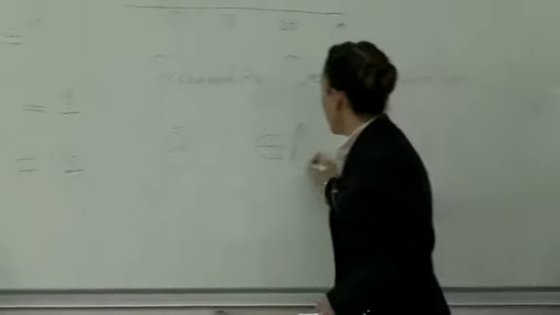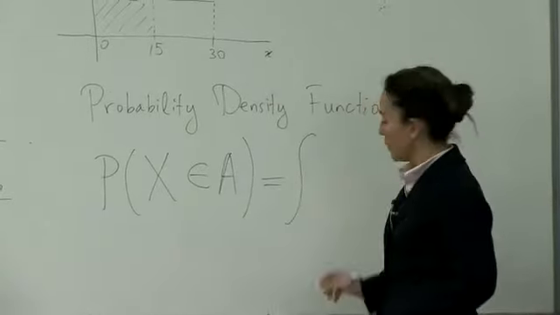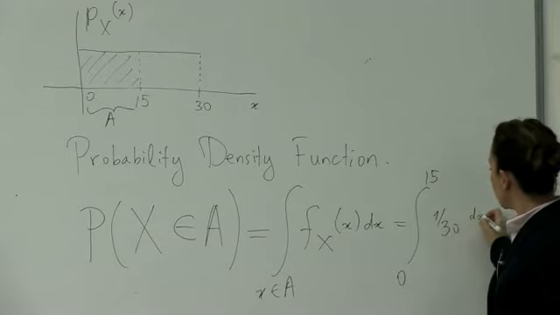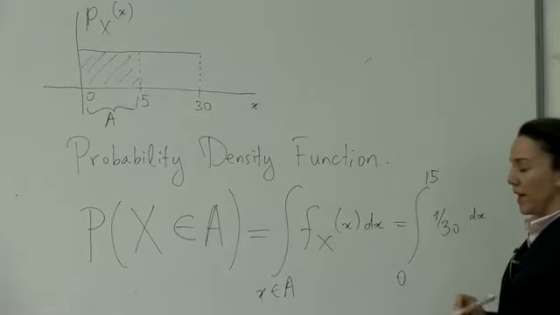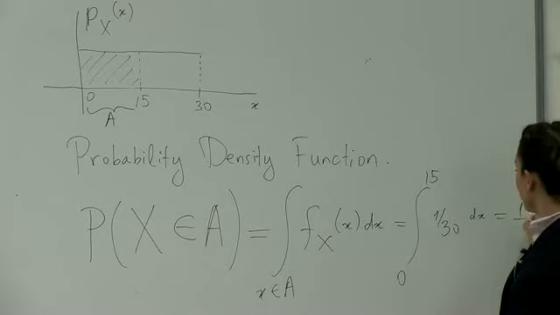The probability that x is in the region A is the integral over A fx of x dx. So in our particular region, if this is our region A, between 0 to 15, then we are integrating from 0 to 15, 1 over 30 dx. And this gives us 15 divided by 30, which is 1 over 2.